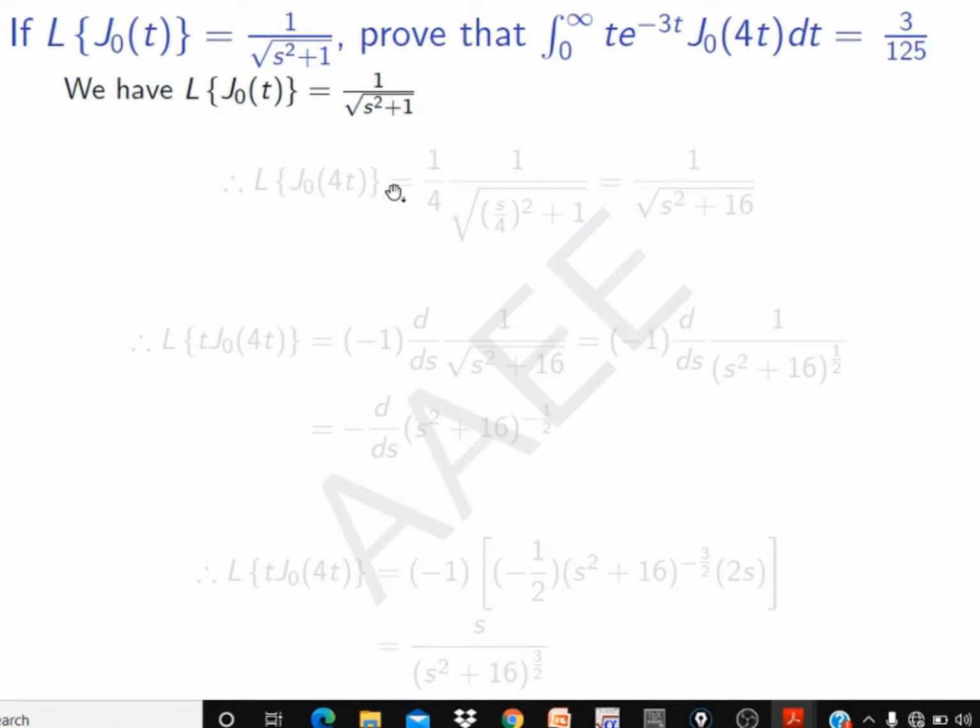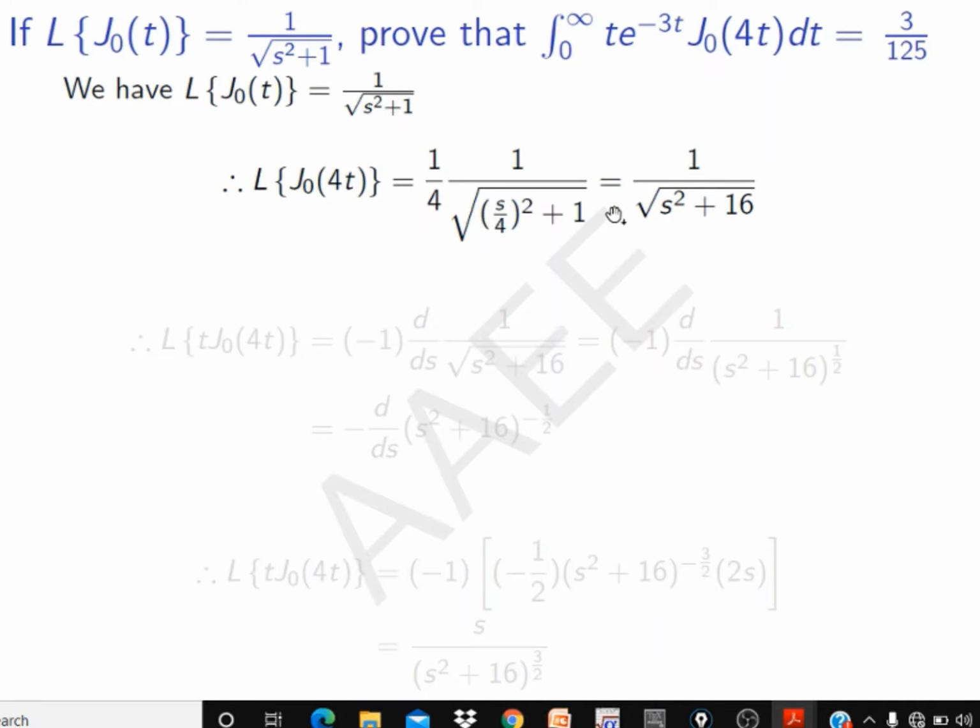So the Laplace transform of j0 of 4t, by the change of scale property, is 1 upon a times 1 upon under root of (s upon a) the whole square plus 1. What is a here? 4. So 1 upon 4 times 1 upon under root of (s by 4) the whole square plus 1.